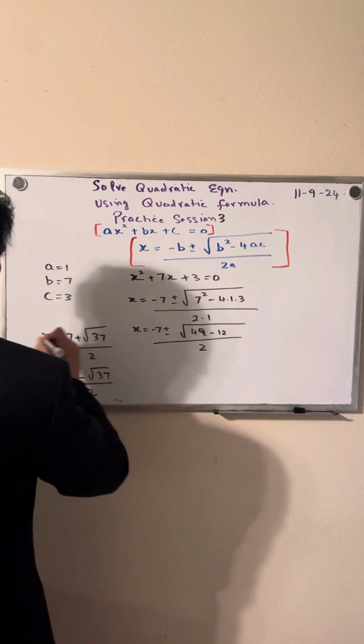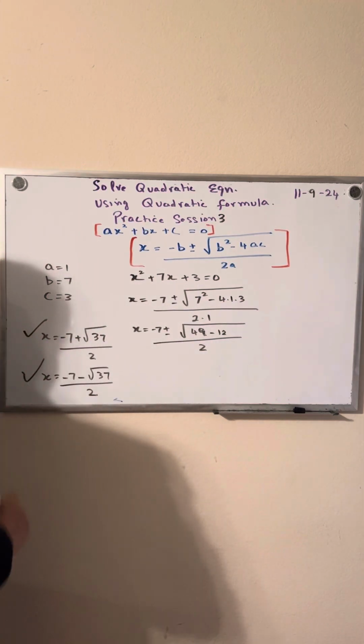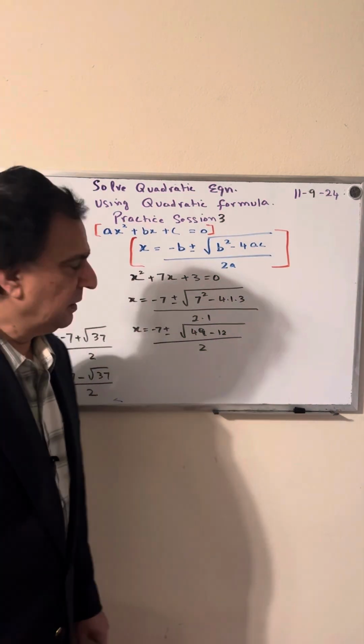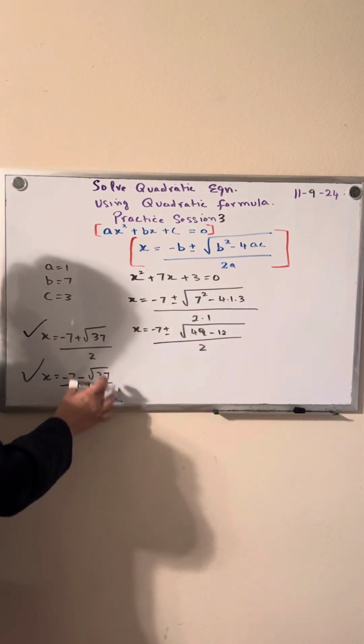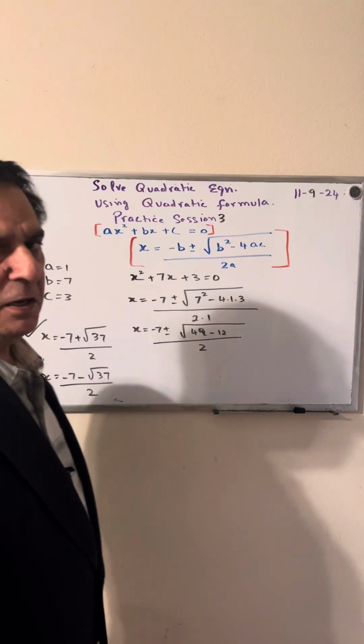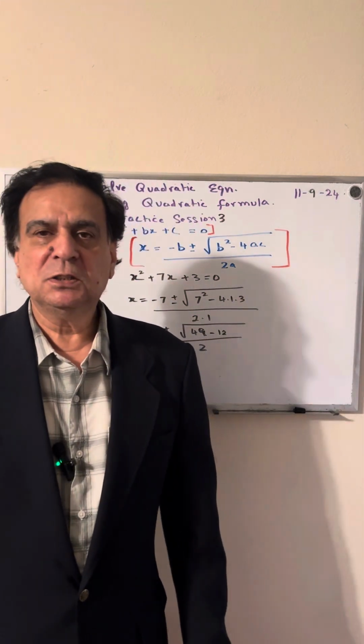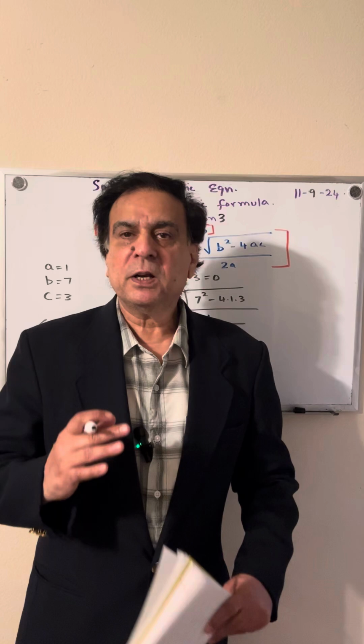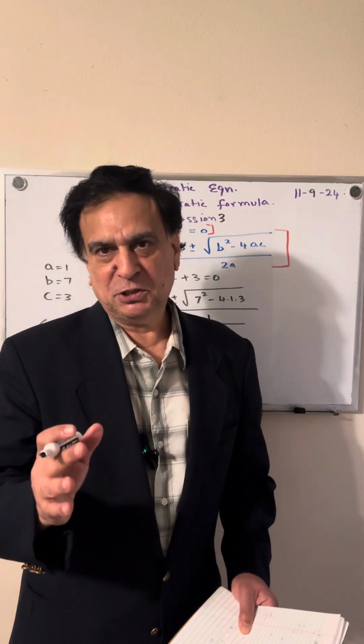Okay, so these are the two answers right here. If you want to please your professor, you can go ahead and solve these and find out the answer in decimal form.